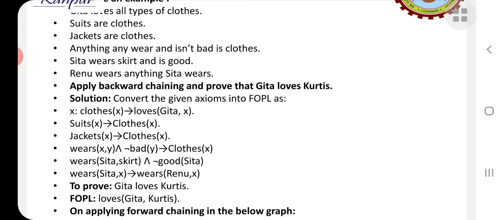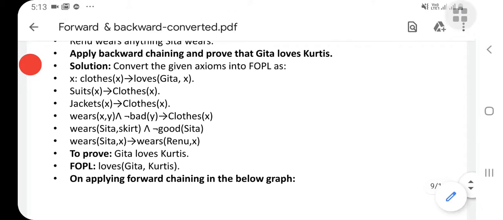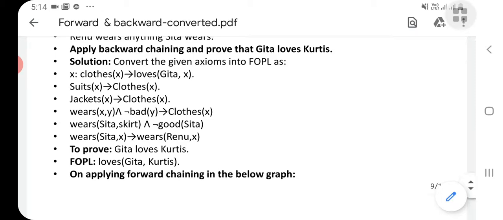I am not going to explain how to convert statements into FOPL, because I have already explained how to convert normal statements into FOPL in the video on resolution. When you convert these statements into FOPL, you can easily find loves(Geeta, kurti).